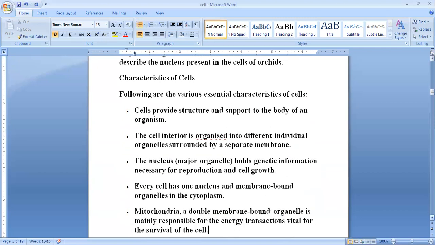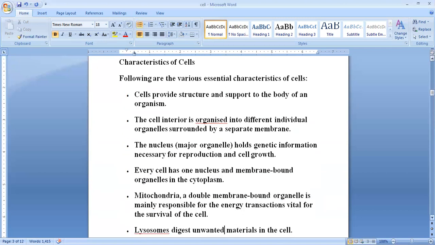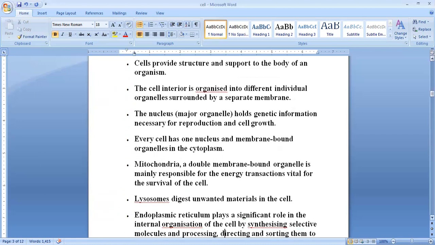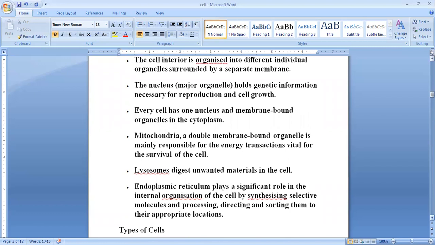Now the characteristics of the cell. They provide structure and support to the body of an organism. They are organized into different individuals which are separated by a membrane. The nucleus is the main organelle which holds genetic information necessary for reproduction and growth. Every cell has one nucleus and a number of membrane-bound organelles.